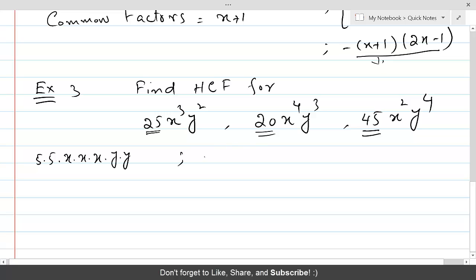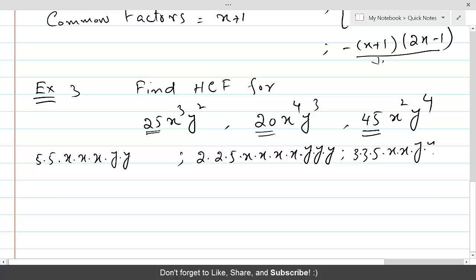Now 20 is 2 times 2 times 5, and x is 4 times, x times x times x times x, y is 3 times, y times y times y. And 45 is 3 times 3 times 5, x times x, and y is 4 times, y times y times y times y.